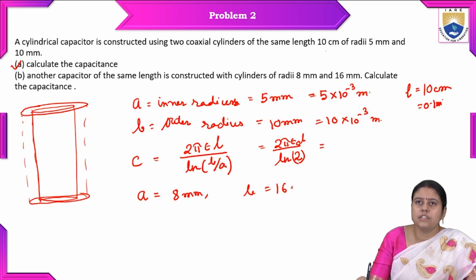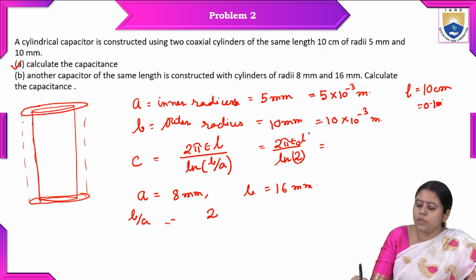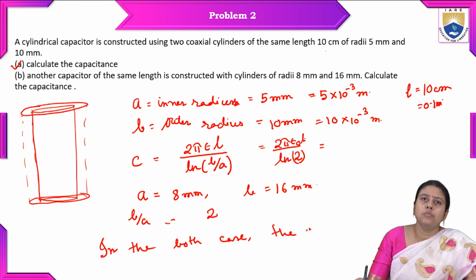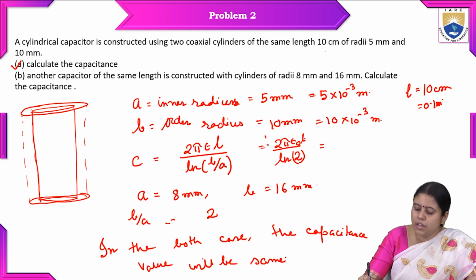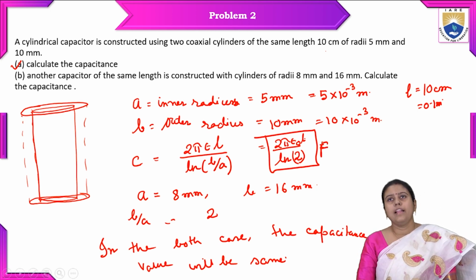Again, B by A is nothing but 2, and L is the same. So in both cases the capacitance value will be the same. And what is the value? The value is 2 pi epsilon L by ln 2.